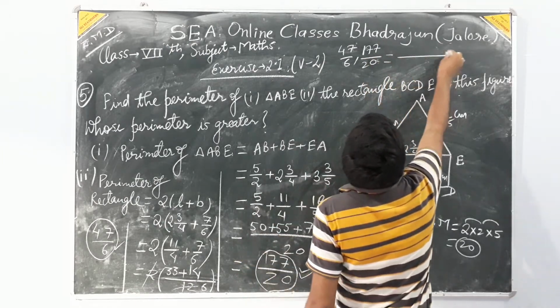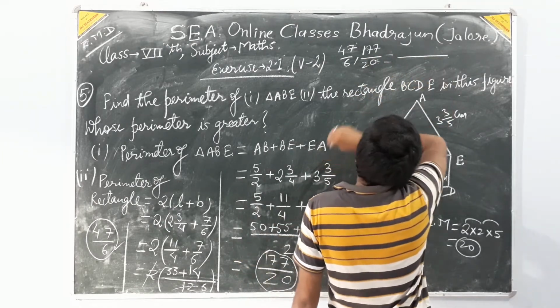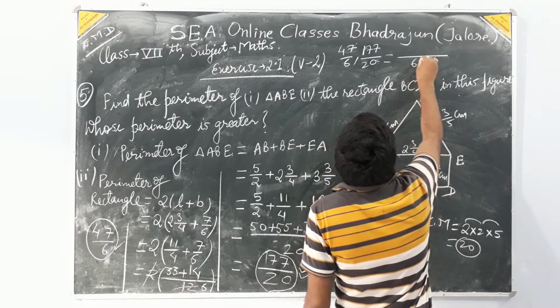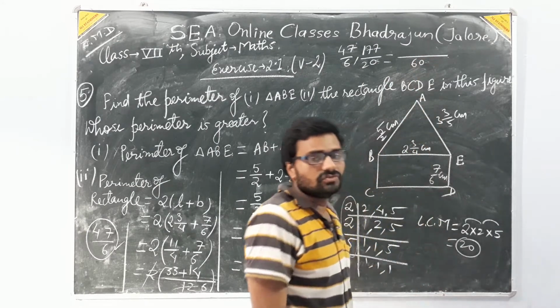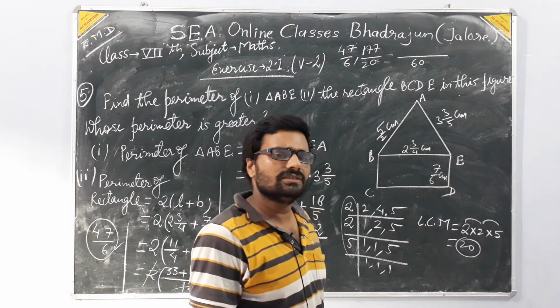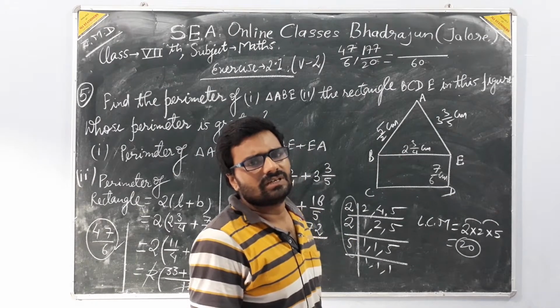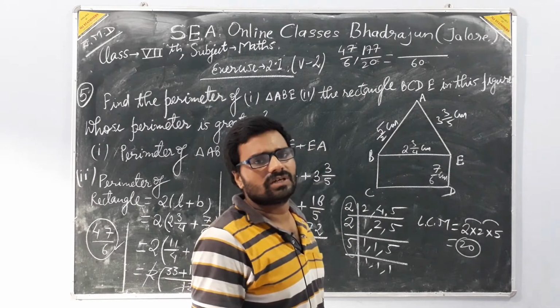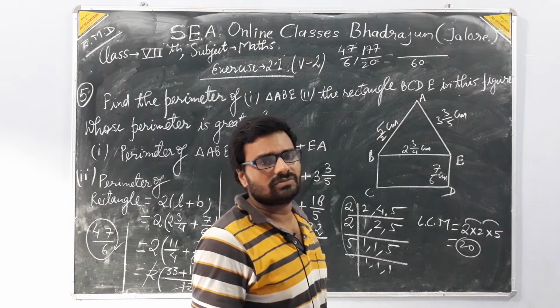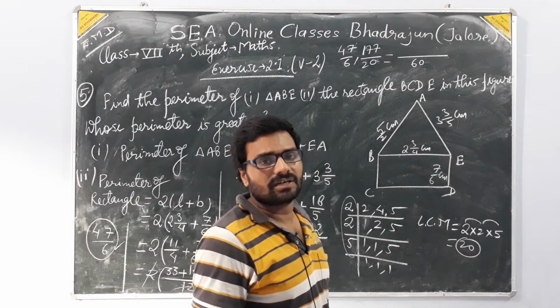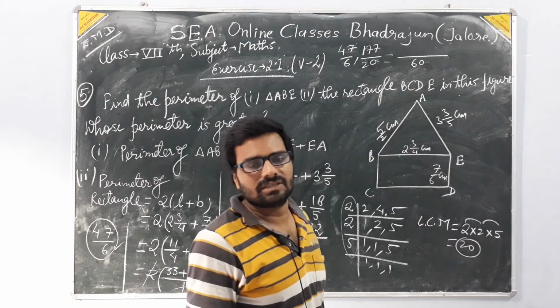Now we take the LCM of 20 and 6, which is 60. You will easily get the LCM, because in your earlier classes you have practiced a number of questions based on LCM and HCF.